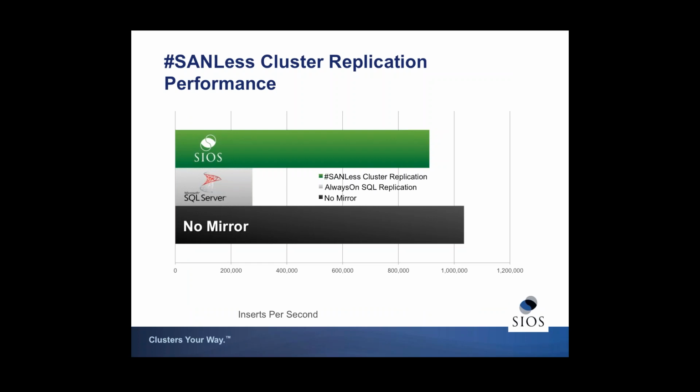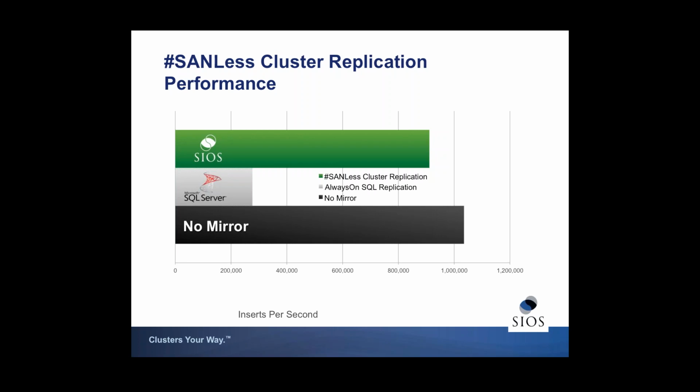So again, maximum data protection, so there's no data loss here with synchronous mirroring. And the bar at the bottom where it says no mirror, what we did here is we took a server and it had pretty high-end storage in the back end, and we ran a simple workload to really just insert as many rows into a database as possible. And we were seeing in this example over 1 million rows per second being inserted.